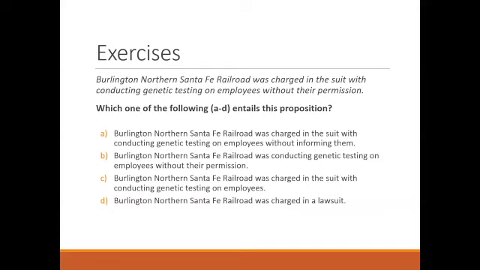If it's the case that it was charged in the suit with conducting genetic testing on employees without informing them, it must also be the case that they were charged with conducting genetic testing on employees without their permission, because you can't get permission from someone for something without informing them about what it is that you're asking permission for. Therefore, if A is true, then the sentence at the top must also be true, and therefore sentence A entails the sentence at the top.